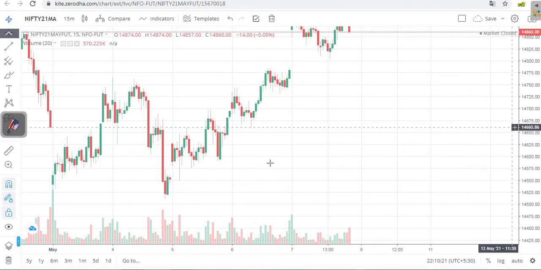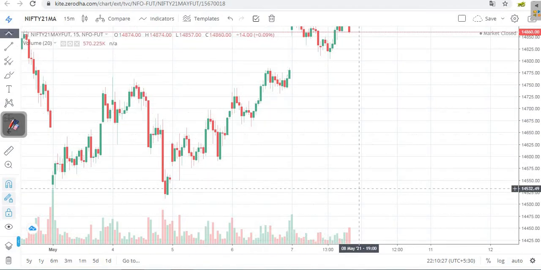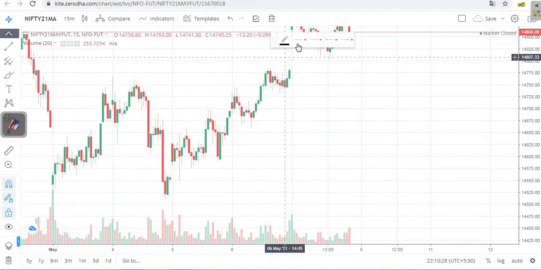Here I'll take some live charts of Nifty. So now I'll draw.